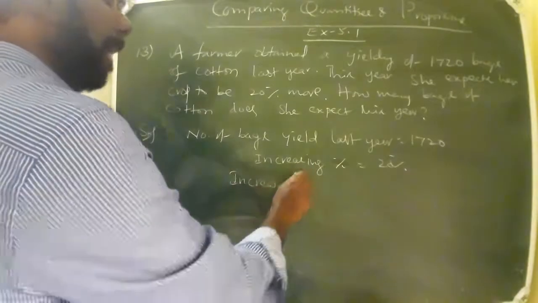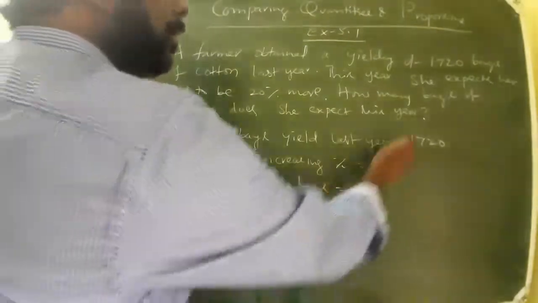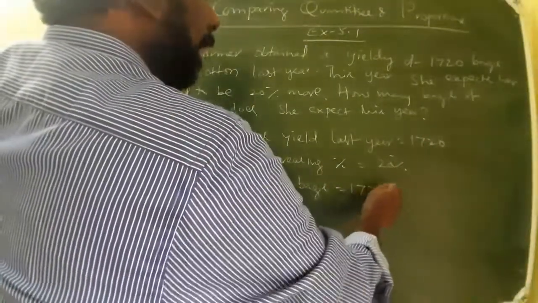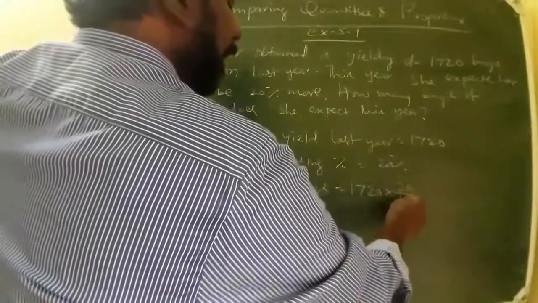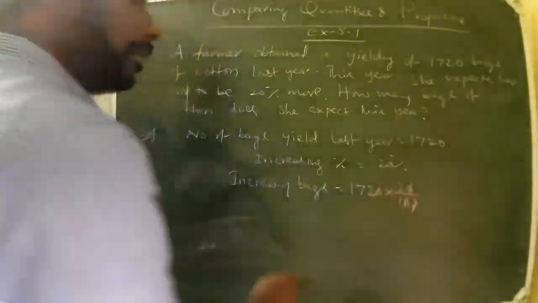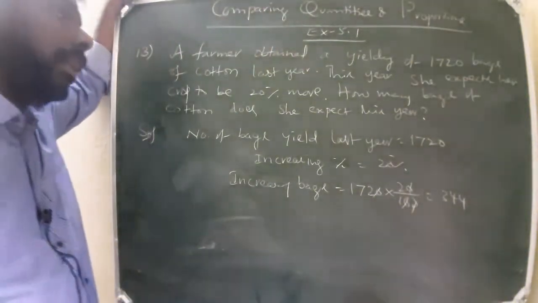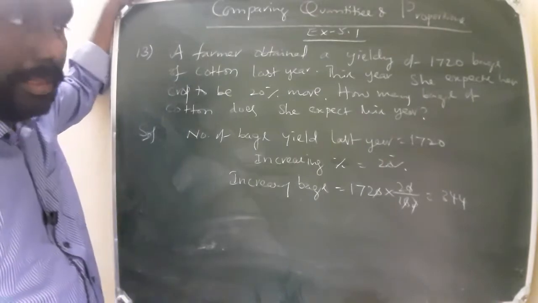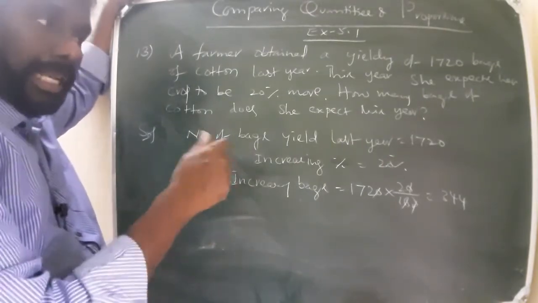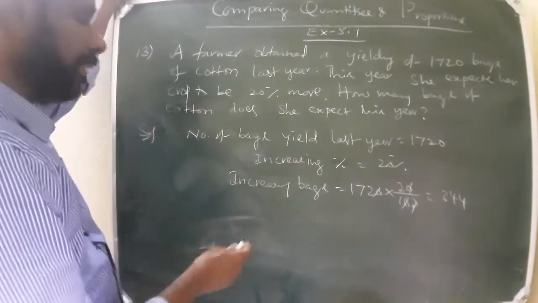Increased bags: total last year's bags into 20 by 100, which is 344. So 344 bags are increased this year than the previous year.